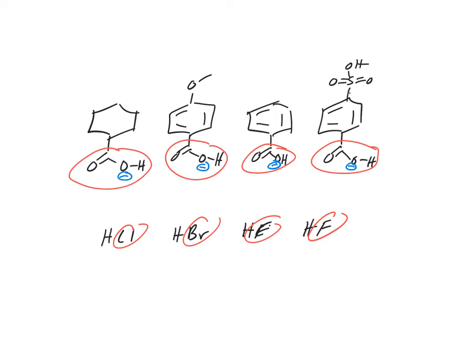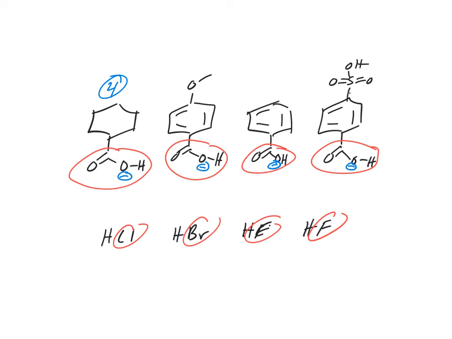Does this ring allow for resonance stabilization there? No, it doesn't. Versus all these other ones will. So this is probably the least reactive acid because it has the least stable product. So I'd rank this one number 4, least reactive.